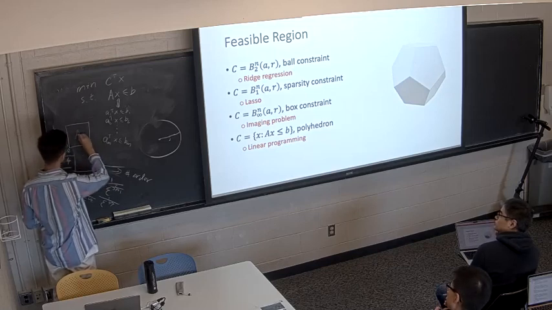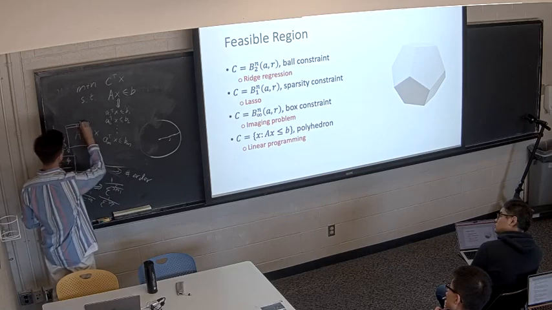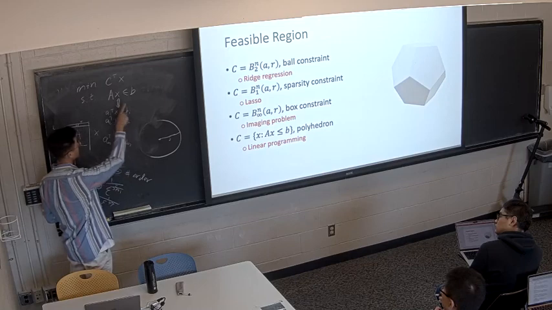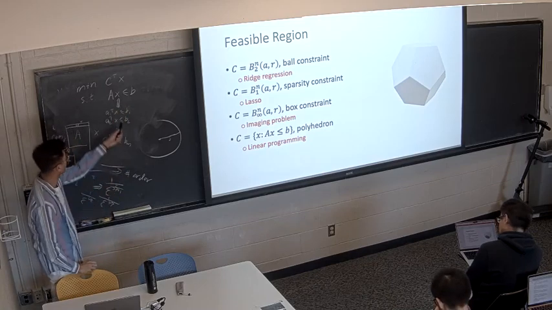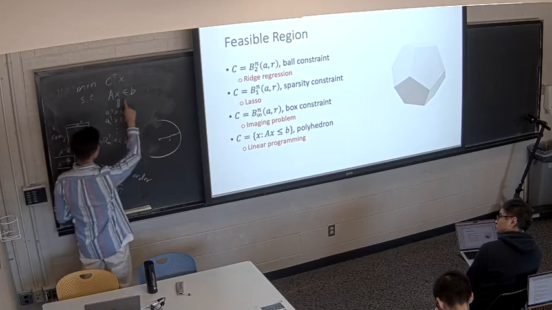So this is my matrix A, this is my x, and this is my a1 transpose basically. And all the bi's are the elements of b. The b is a vector, A is a matrix. So Ax less than or equal to b.